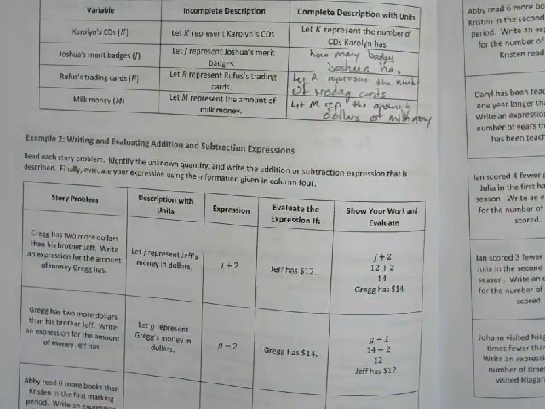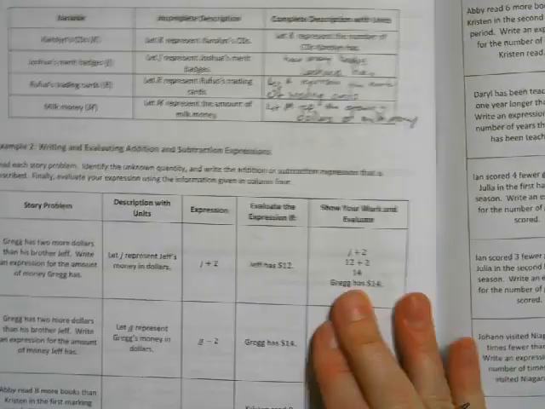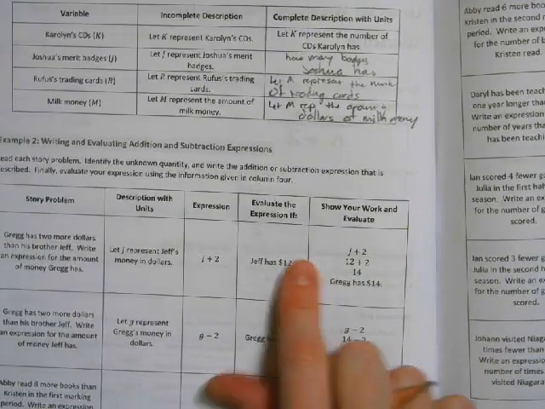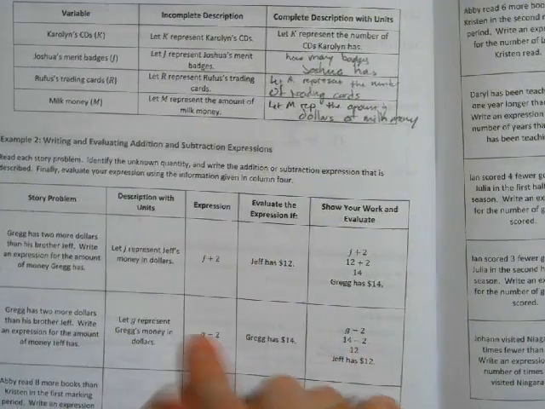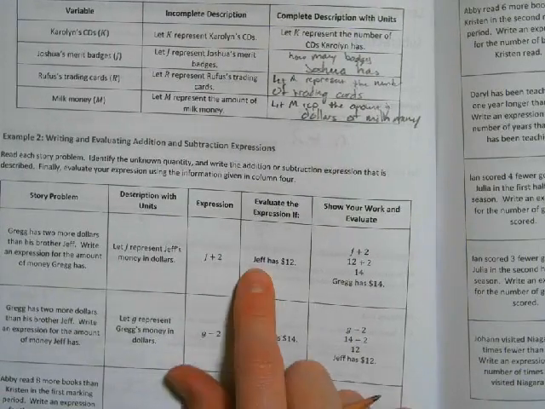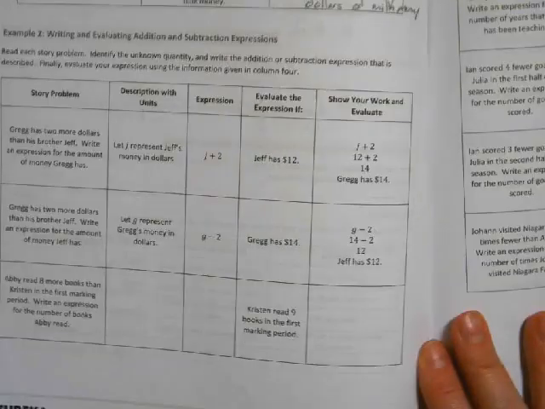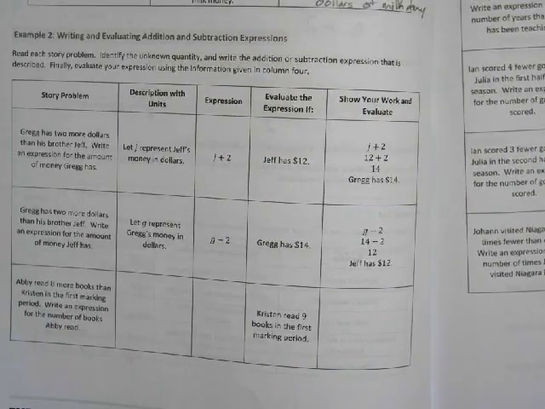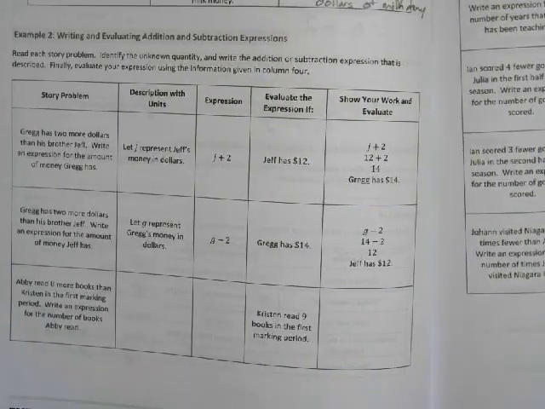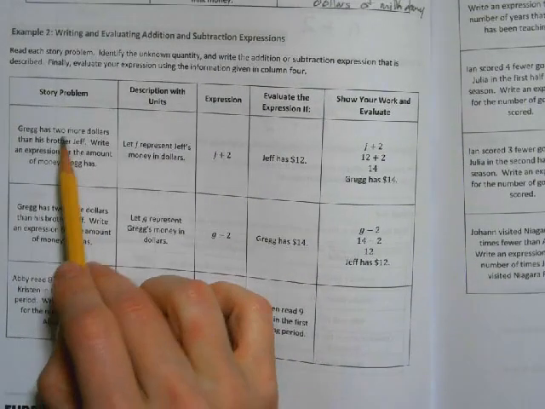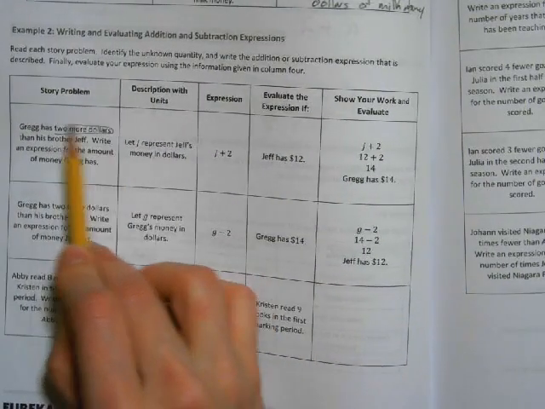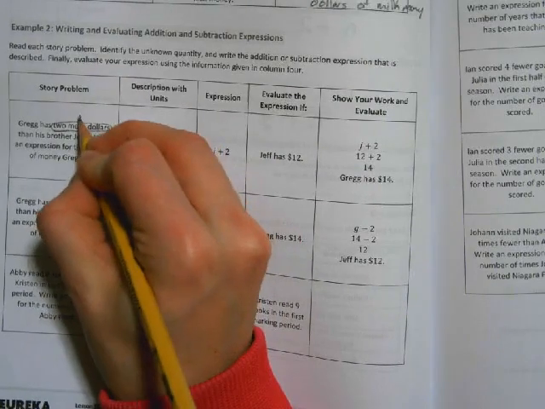Now, what we're going to go to now is we're going to begin to look at the way that we can demonstrate the expression, the evaluation, and showing your work to answer word problems. So let's go ahead and look at these first two examples. Greg has $2 more than his brother Jeff. So $2 more is plus 2.